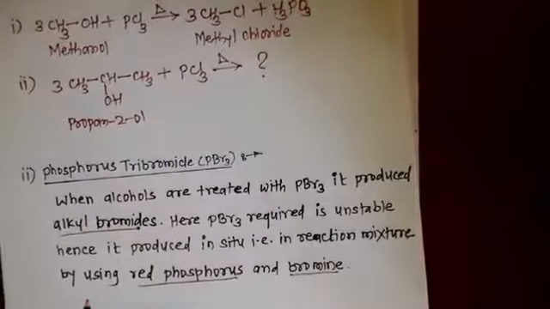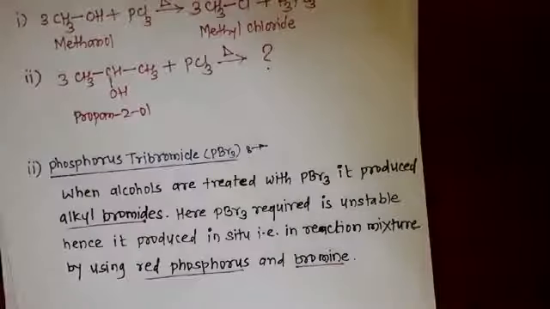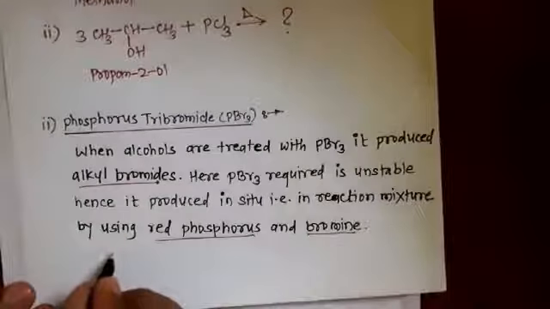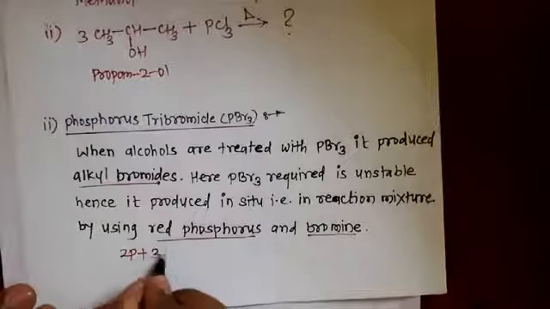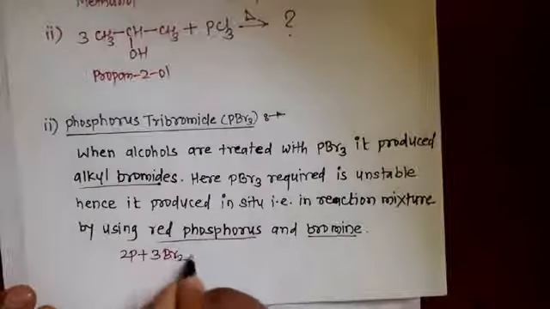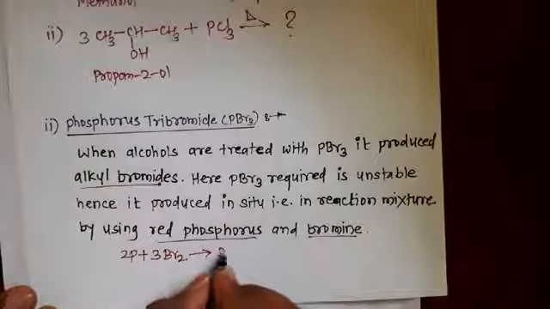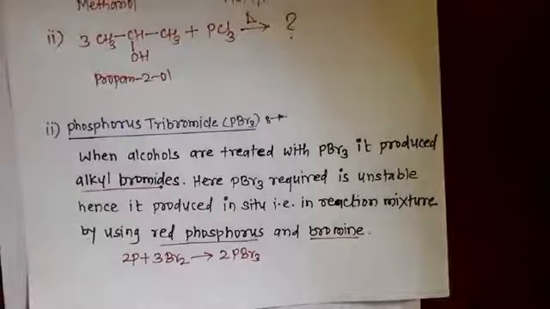For the preparation of PBr3, we can write the chemical equation as follows: red phosphorus reacts with bromine, and that gives PBr3.